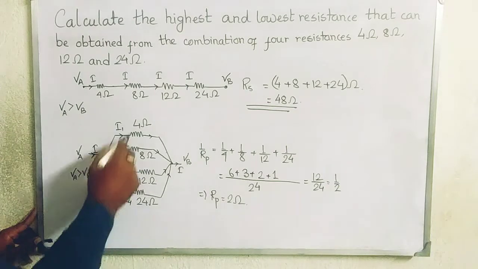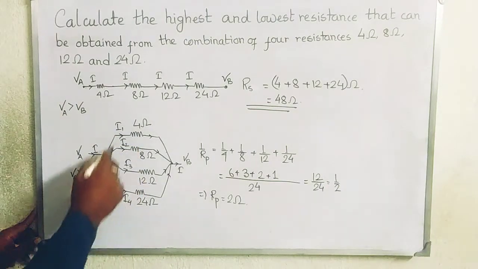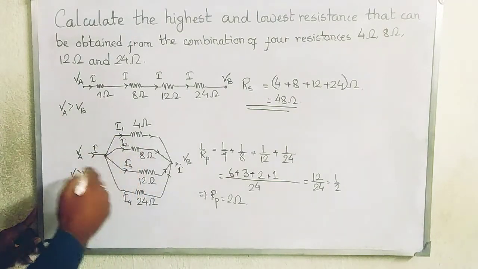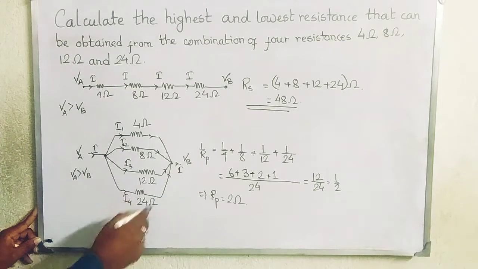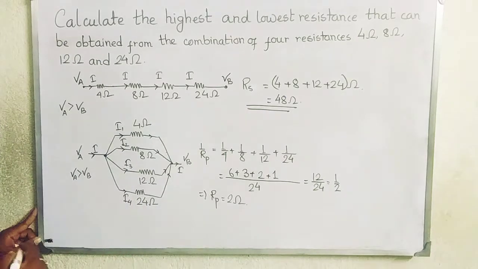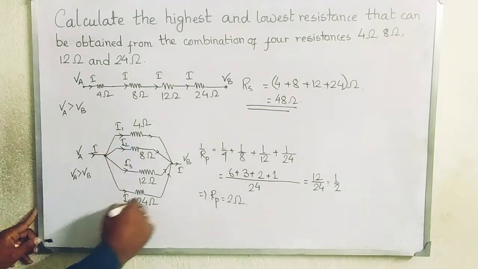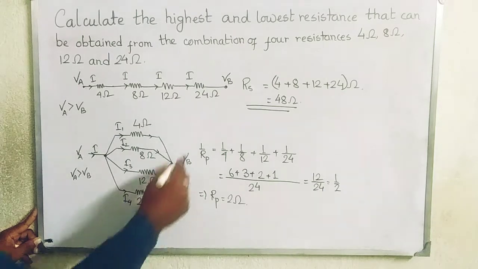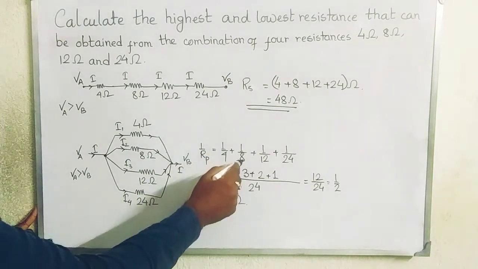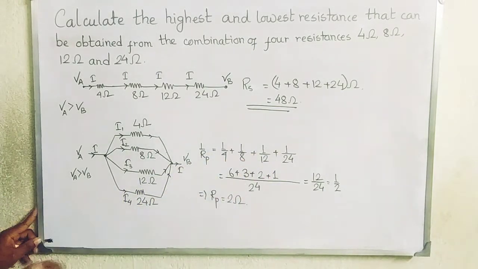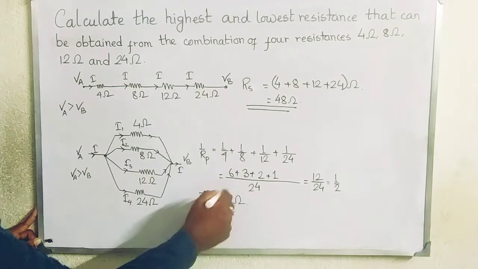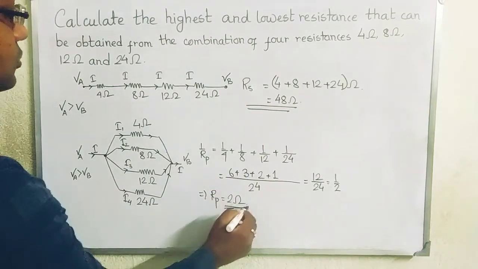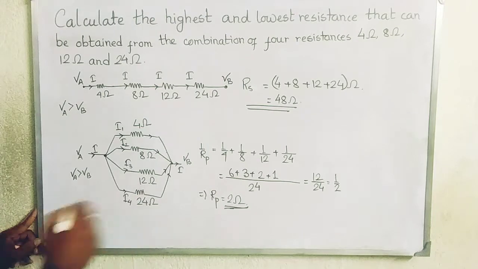But here, since there are lots of options, the current through the smaller resistance is greater, and the current through the greater resistance is smaller, so the equivalent resistance here decreases, and obviously it is according to this formula that 1 by Rp equals 1 by R1 plus 1 by R2 plus 1 by R3 plus 1 by R4, and if we calculate these things, it becomes Rp equal to 2 ohm. So that is the cause behind this.